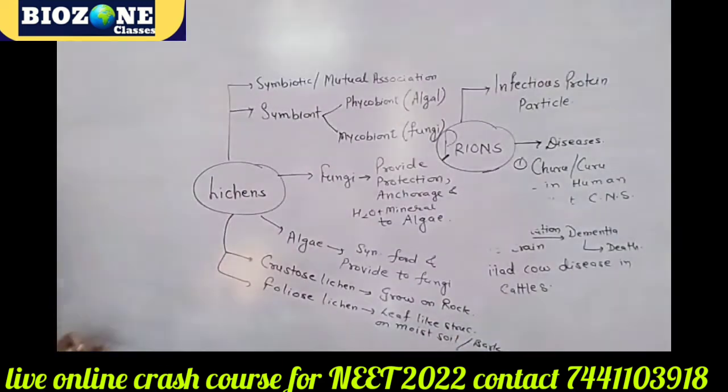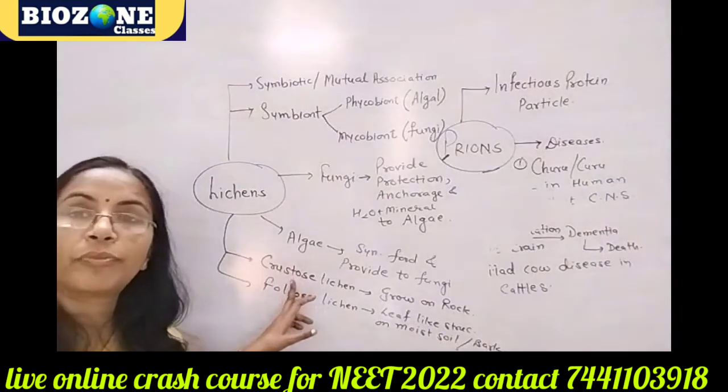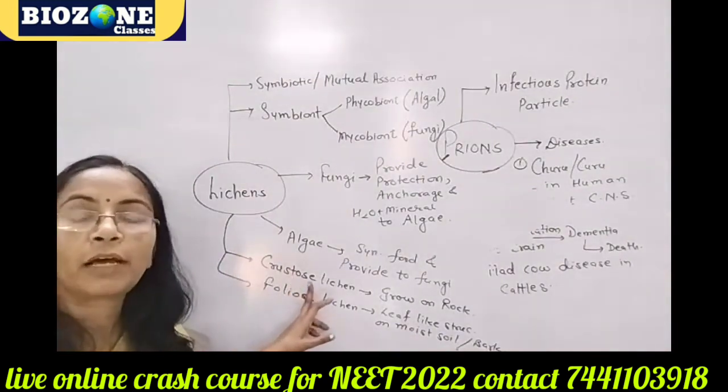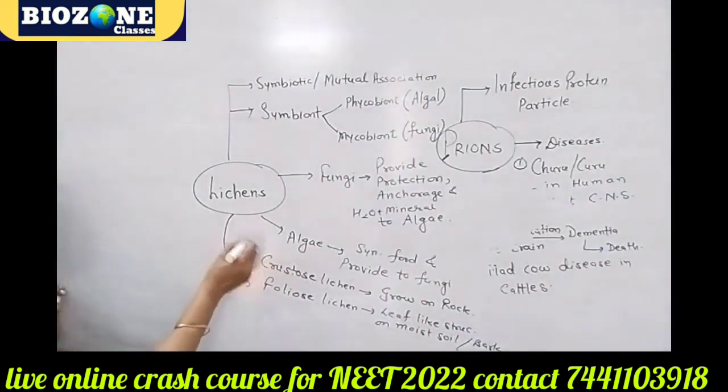So whenever they grow on bark or on moist soil, they appear as a foliose lichen or leaf-like structure. When they grow on the bare rock, then they are commonly called crustose lichen. So this term you remember because repeatedly this term is also asked. So crustose lichen you remember.